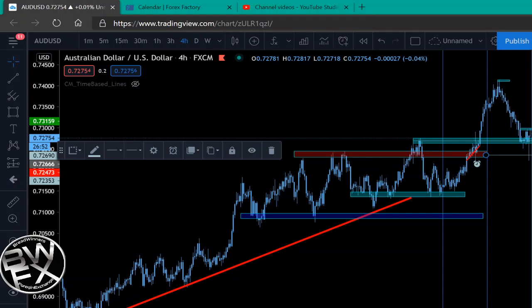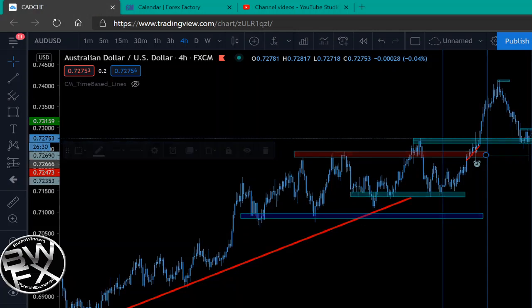And that's why we want to be patient, because like he said, it could fake you out. Some sessions could fake you out for the next session. So wait and be patient for it to actually break the structure like he's talking about. Exactly. So let's move on to the next spot. CAD CHF.